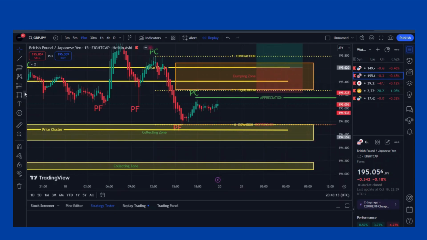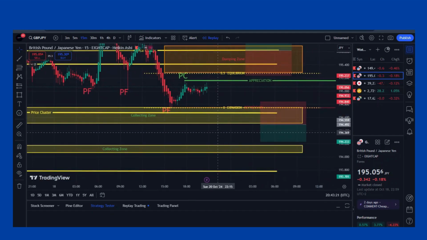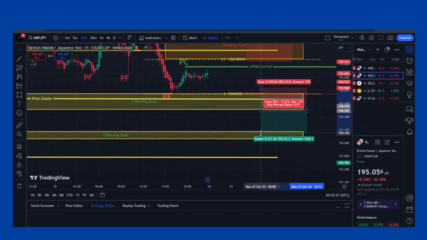Once it breaks this collecting zone, I'll be looking for sells, putting my stop loss above the depreciation level, watching how the price is going to react in this collecting zone, because sometimes it can go to the collecting zone and bounce back into the upward direction. So that's a key zone for me that I'll be monitoring.